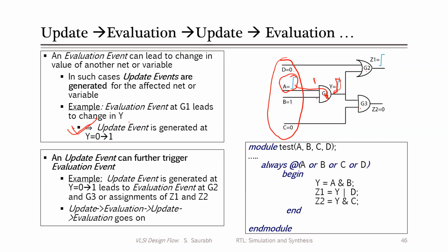Z2? No, the answer is that there will be no update event created. Why? Because Z2 is already 0, because C was 0, and therefore the evaluation of G3 will not create an update event, because the Z2 value is not changing. It was earlier also 0, now also 0. So there will be no update event. There will be only an update event on Z1.